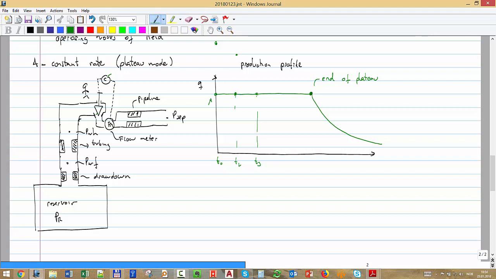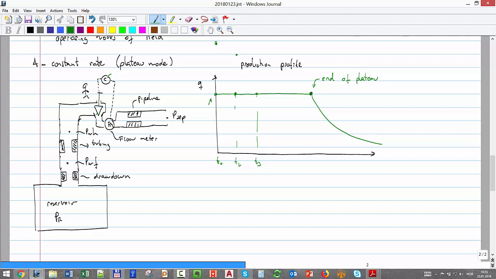Here I was controlling exactly how much I can produce from the field. But at this point, I lose control. The field operates by itself. This decline I have completely no control on. How is it going to decline? So the learning is, keep in mind, I'm not able to keep this plateau rate forever, only until the choke is fully open, and then it starts to decline.